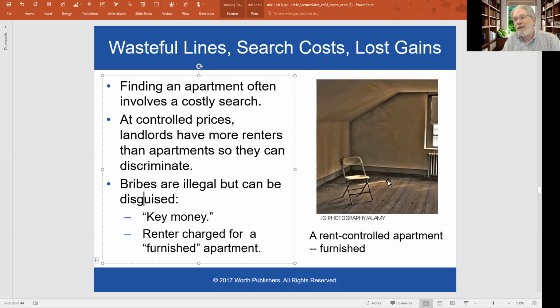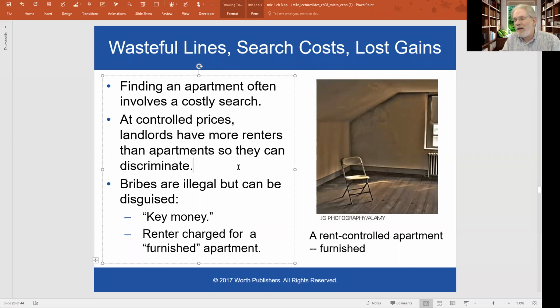The folding chair is not worth $1,000 to you. But by having the tie-in, they're able to charge you more for that chair than it's really worth. You're getting a really bad deal on the chair, but that's a way that you can encourage the landlord to allow you to rent the apartment rather than somebody else.